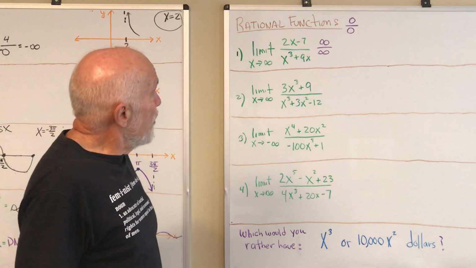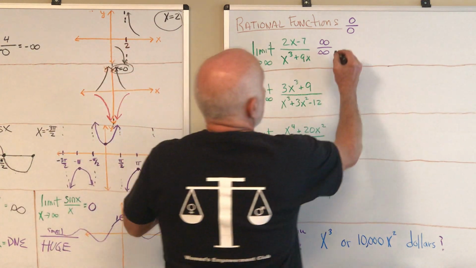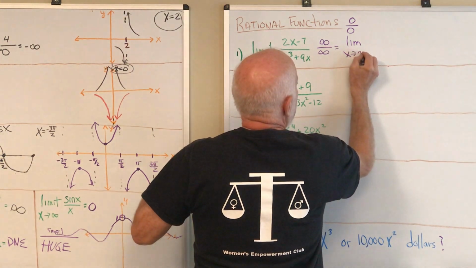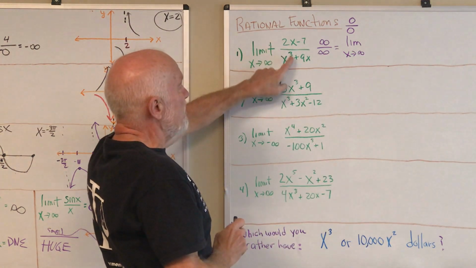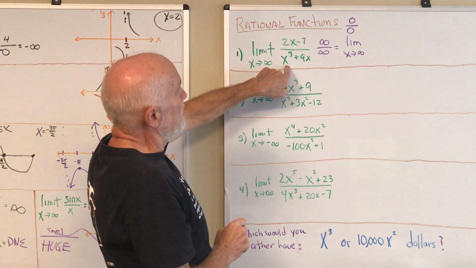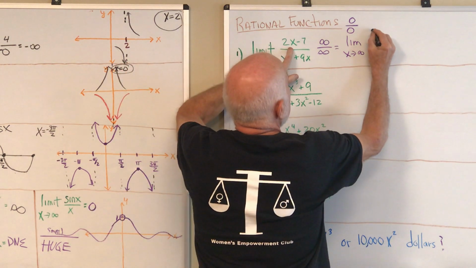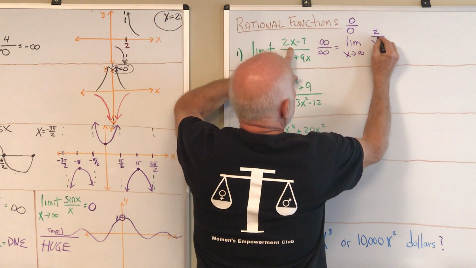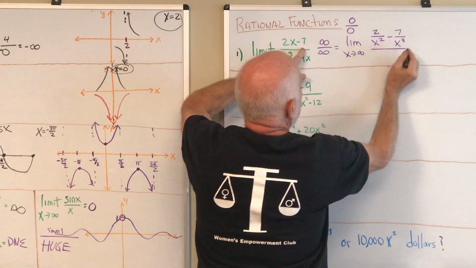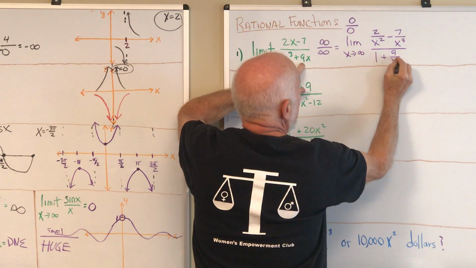Those of you who have taken a pre-calc course probably learned a method for doing this, and it involved dividing everything by the highest power of x in the denominator. So that would be x cubed. If we divided this by x cubed, we would get 2 over x squared minus 7 over x cubed, over 1 plus 9 over x squared.